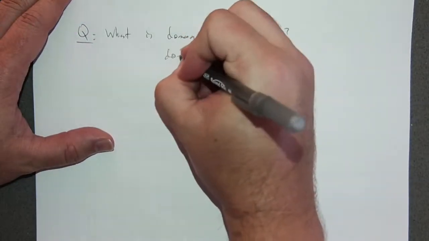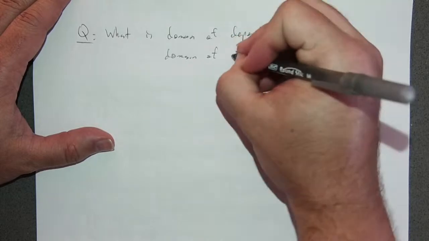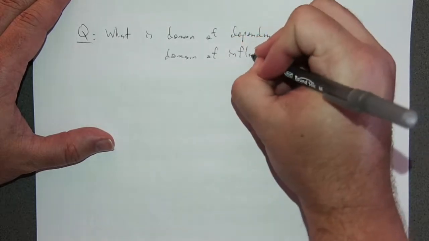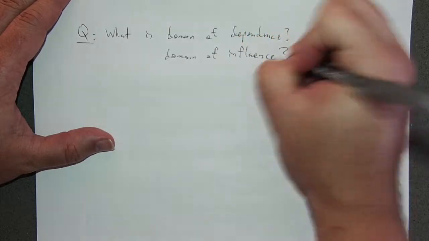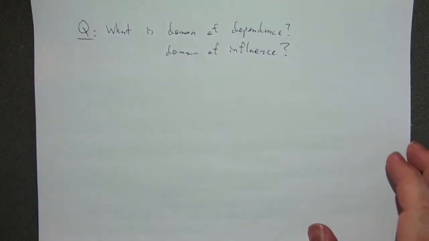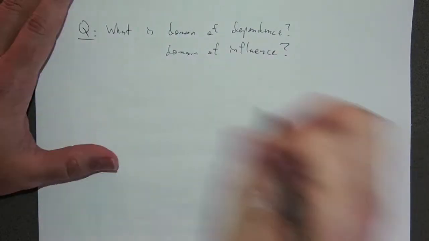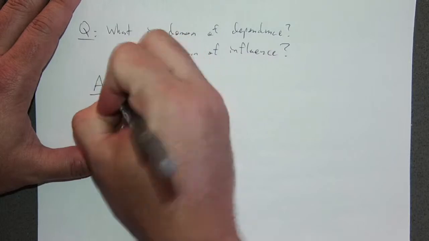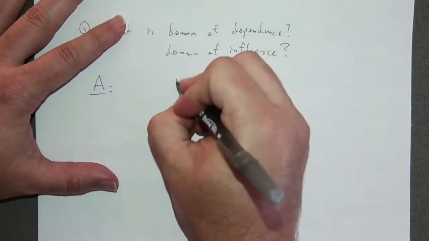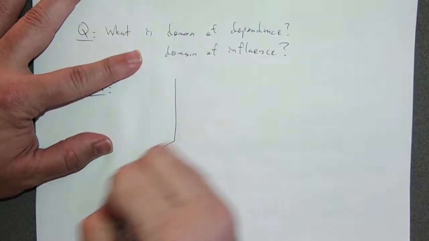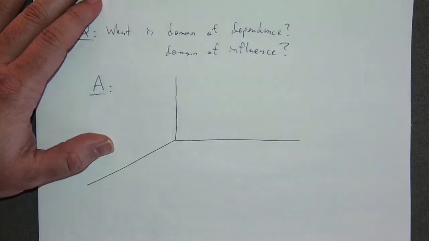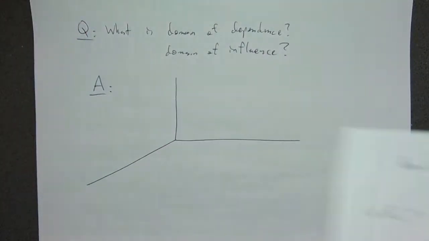What about the domain of influence? To see this, what is it that's going on here? So let's bring back Kirchoff's formula.